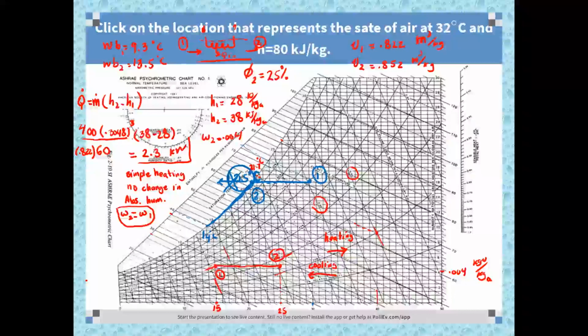So when you do cooling, the air becomes saturated here, and then it moves to the left along this saturated line. All right, so that's cooling and humidification in that case.